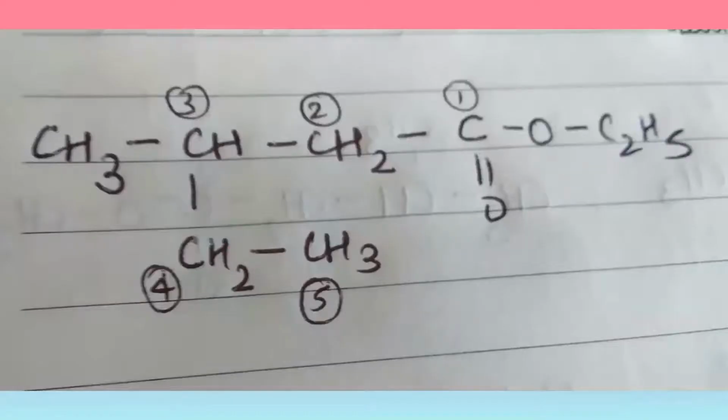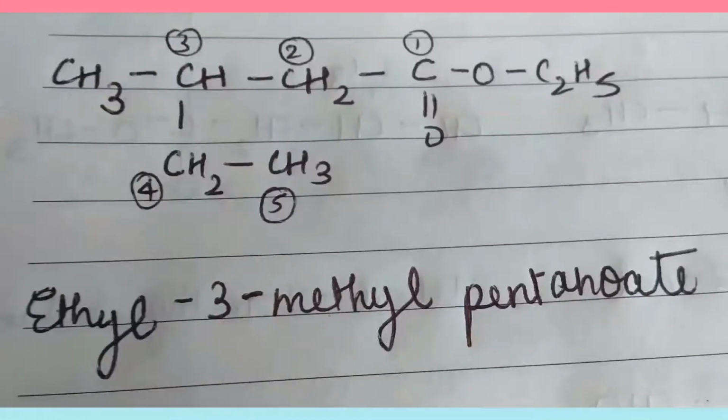So now coming to our next one. This one is also an ester compound, and here you can see that there are two alkyl groups. One is the ethyl one, and the other one is the pentyl, and you have a methyl substituent attached to it on the third carbon. So the name for this is ethyl 3-methylpentanoate.